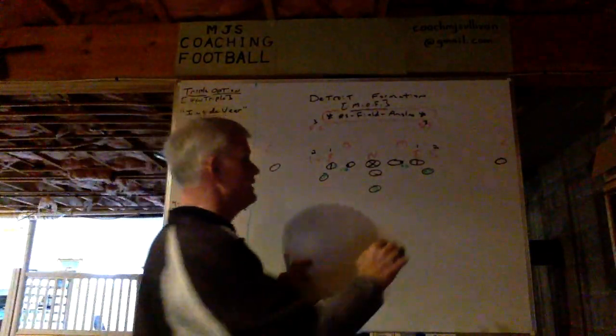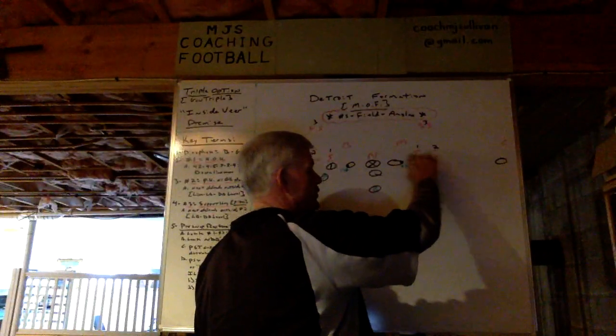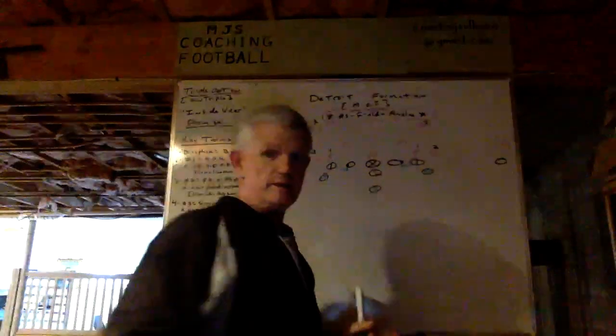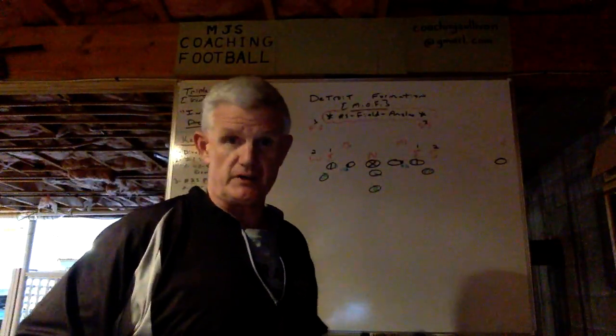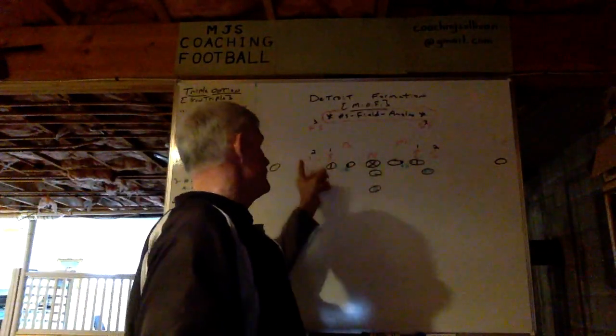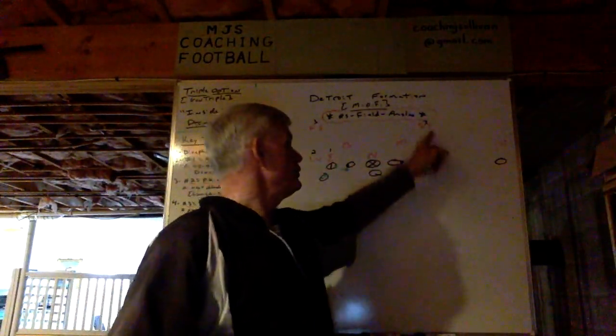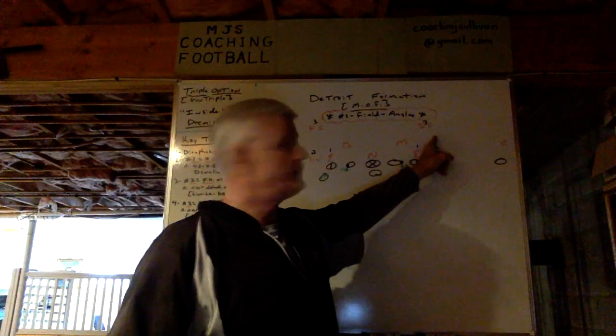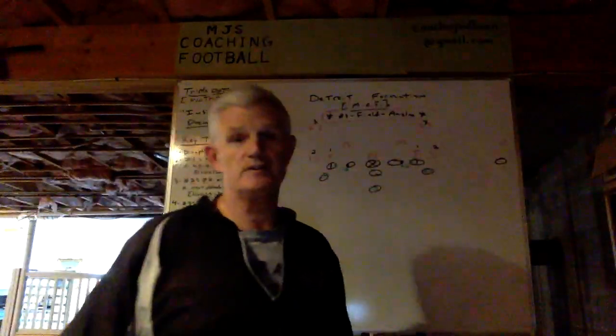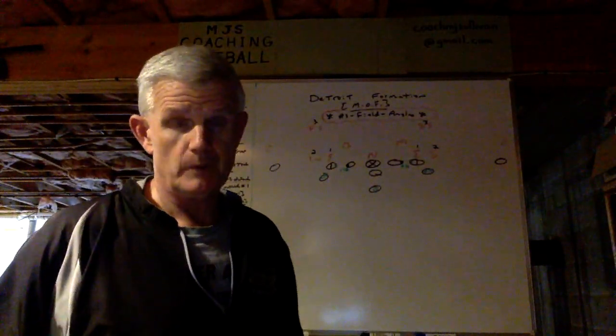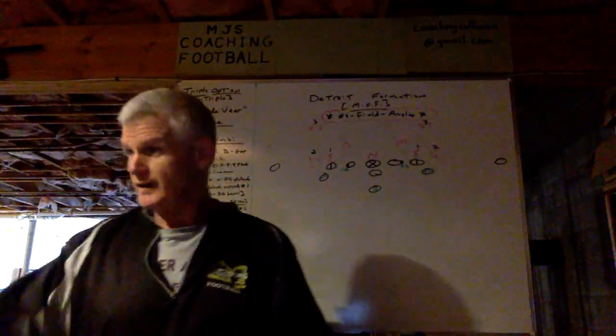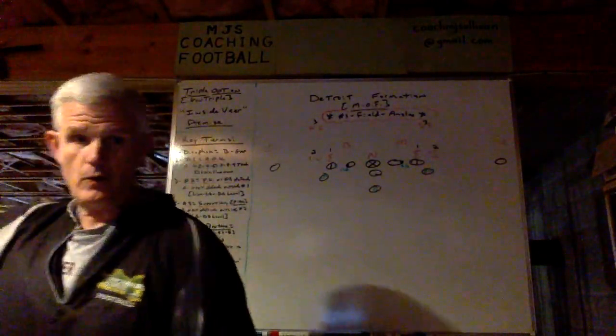So here I've got number two on the line, whether it's standing up or in a 3-point stance. Number two could be back here at linebacker level. Number two could be at the defensive back level. So we look inside out.